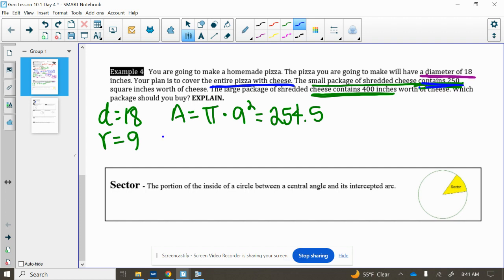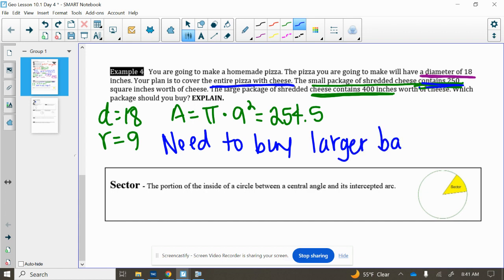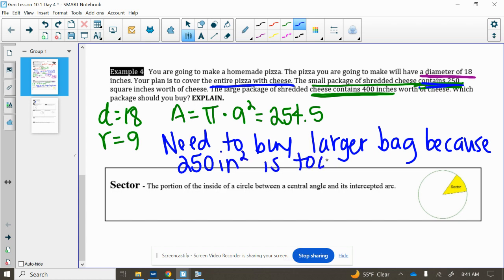So we need to buy the larger bag so that we make sure we have enough, because 250 square inches is too small. We need 254.